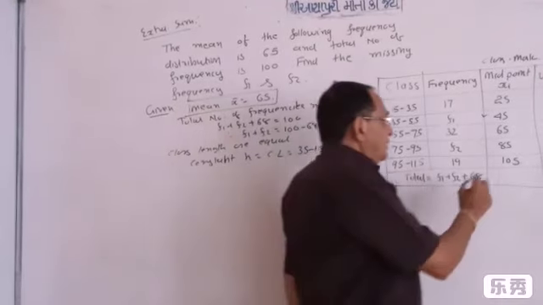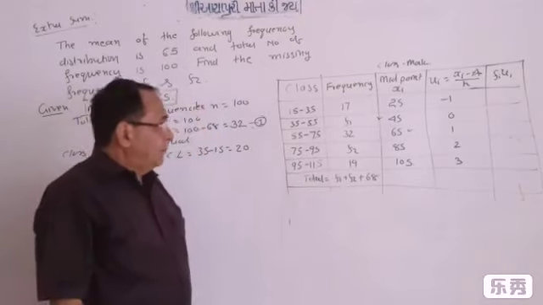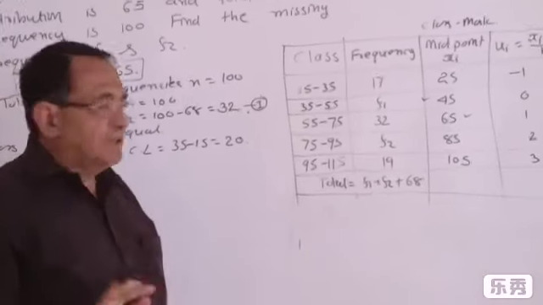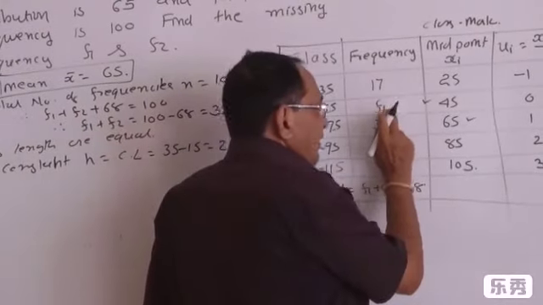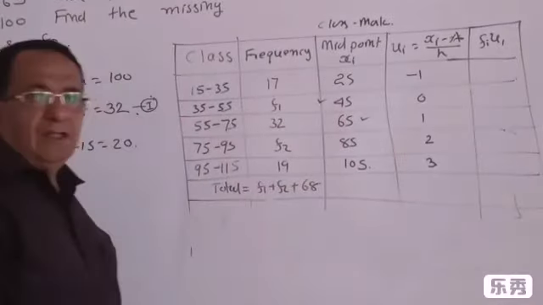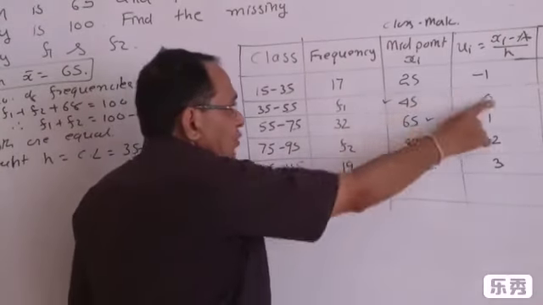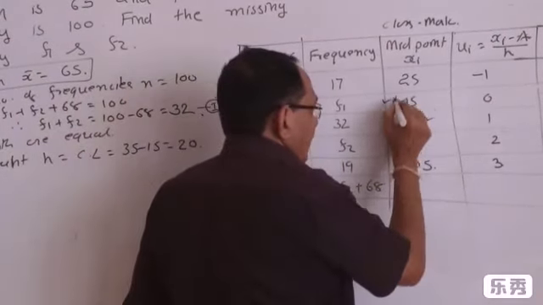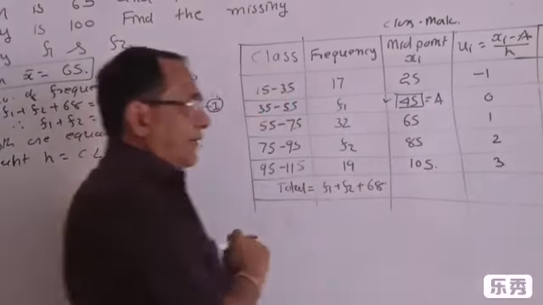Generally we would take the assumed mean as 65. But to make the calculations easy, what will we do? We take the class mark opposite a missing frequency, so that when multiplied it gives 0. So take assumed mean A equal to 45 instead of 65.